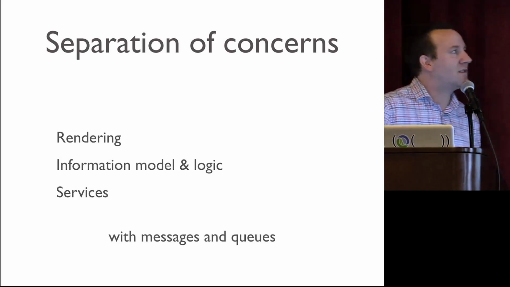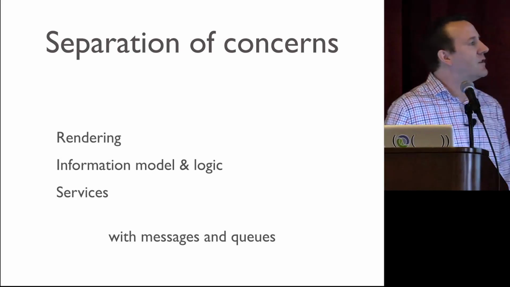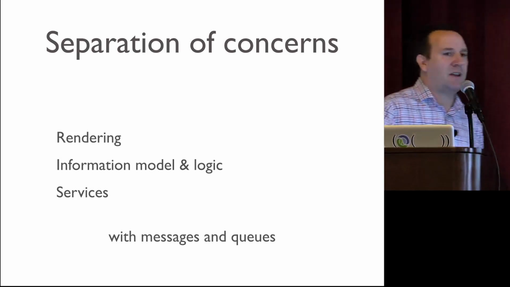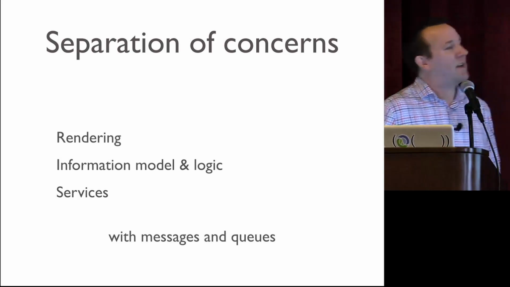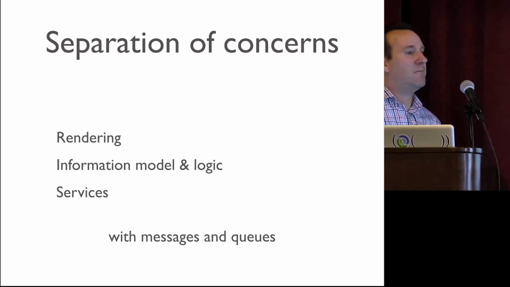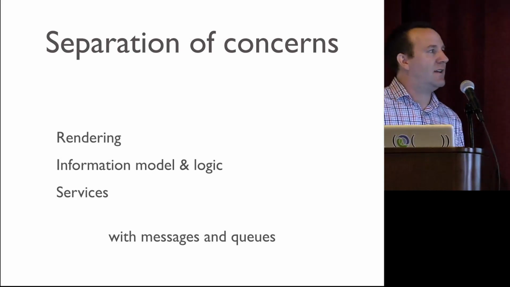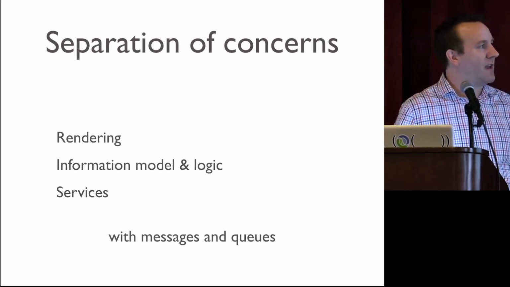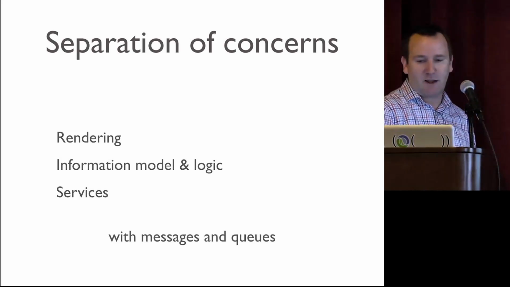Messages just give us a way to communicate without making function calls, and then queues sever the direct connections. So even if we didn't have queues but we had messages, we'd still be determining when things run. Queues give us the ability to kind of step away from that. And these queues are not real queues. They're JavaScript style queues. They're kind of simulated queues, basically an array and asynchronous processing of that array.